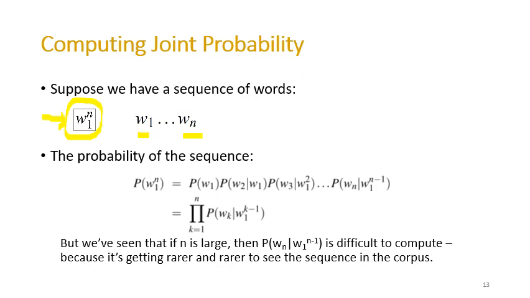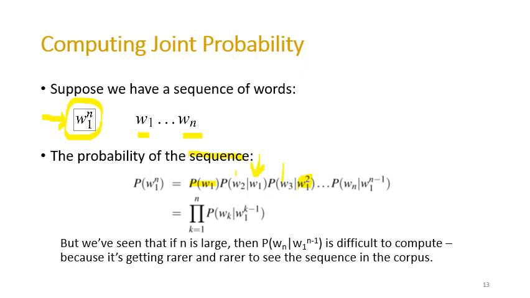Now, what is the probability of this sequence? Well, because it is a sequence, the first one is the probability of word 1 itself to appear, times the probability of word 2 given that word 1 has appeared before, and then the probability of word 3 given that we have a sequence from word 1 to word 2.